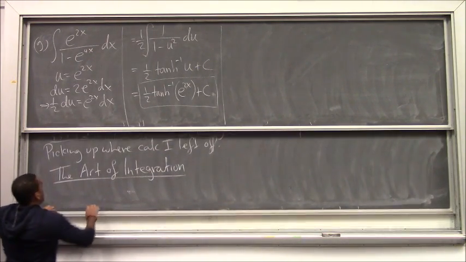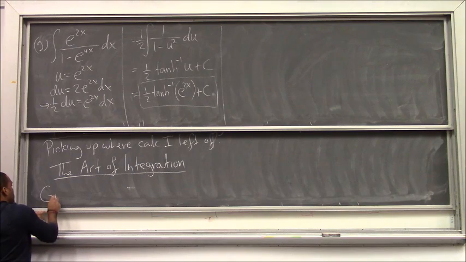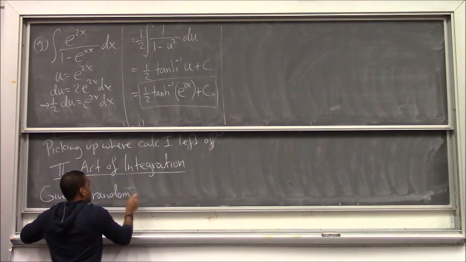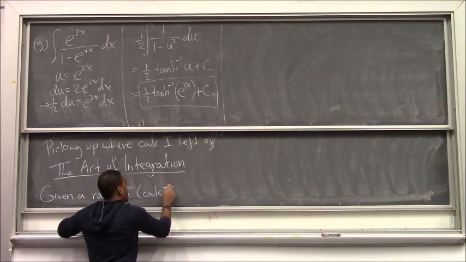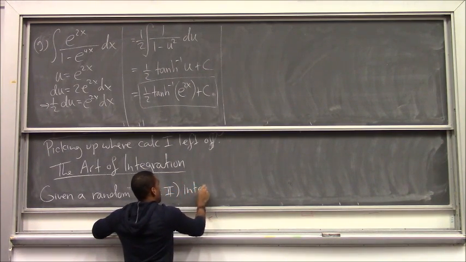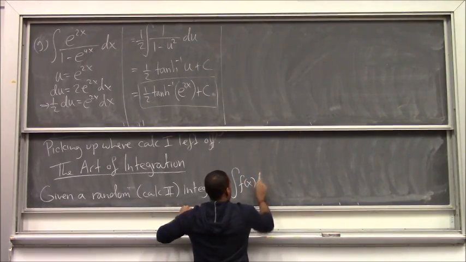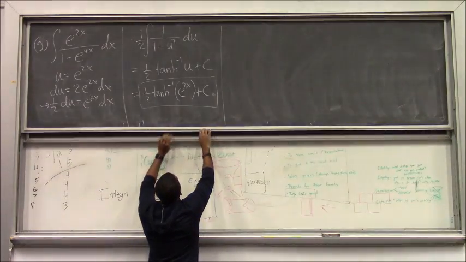It turns out that you still start the way that Calc 1 started things. So given a random Calc 2 integral, there's going to be a way you want to approach things.